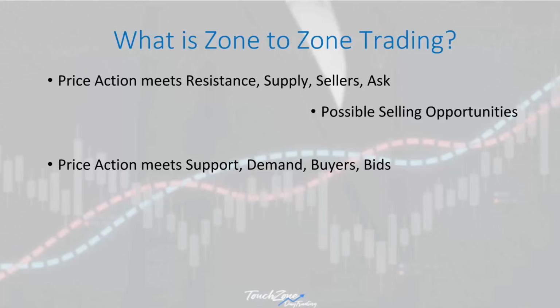When price action meets support, demand, buyers, and the bid, again, these are all different terms for the same thing, support, demand, buyers, and the bid, possible buying opportunities. Whether you're trend trading or counter trend trading, these zones are very important to see clearly where to enter the trade as a seller or a buyer.